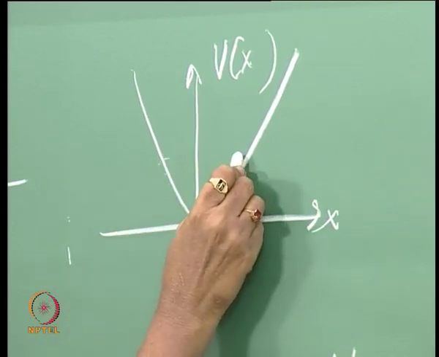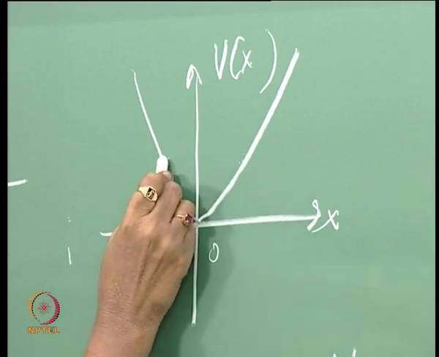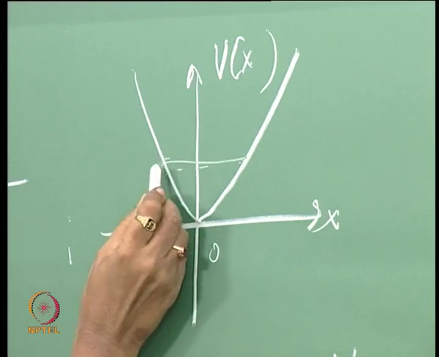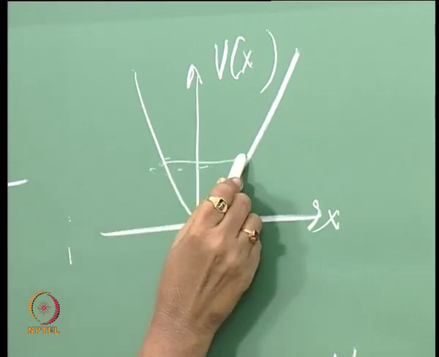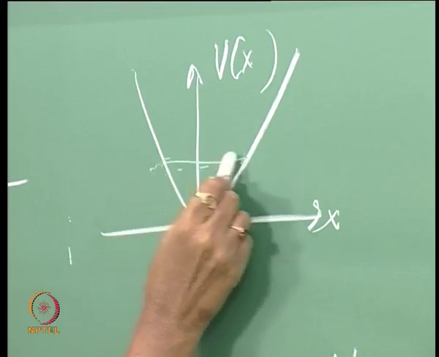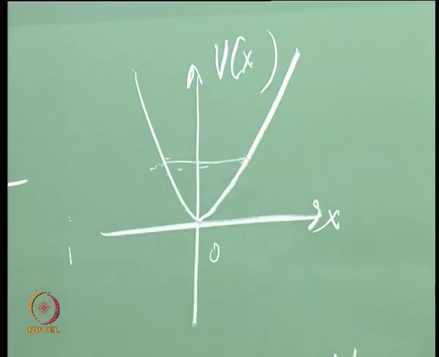In fact, a classical oscillator will go there for a given value of energy. The classical oscillator goes there, that is a turning point, turns back, comes here, that is another turning point, and does the oscillation like this.